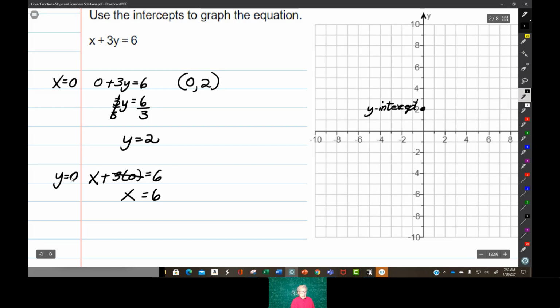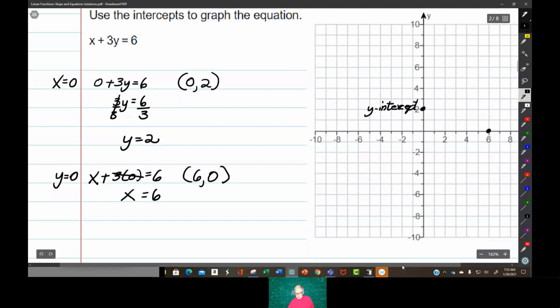And what that means is when y is 0, x is 6. So (6, 0) is right here. This is the x-intercept.